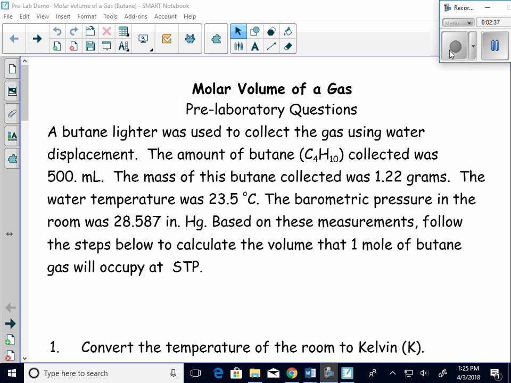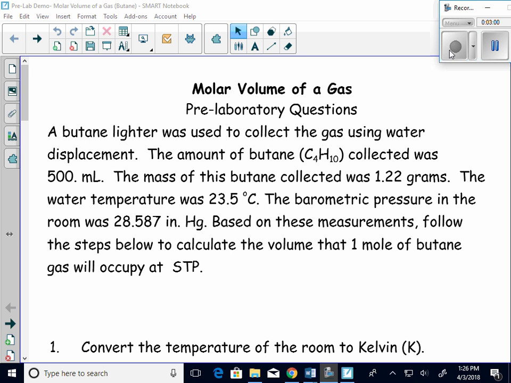Variables with subscript 2 are at STP conditions. To get the molar volume at STP, divide the value of V2 by the moles of the gas, n, that are produced in the experiment.